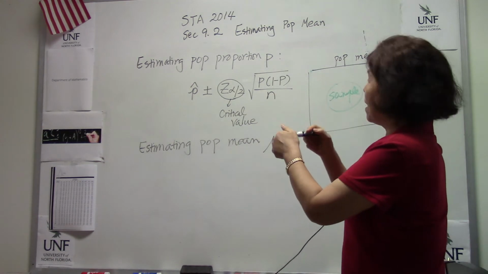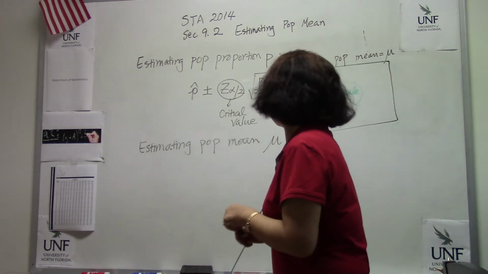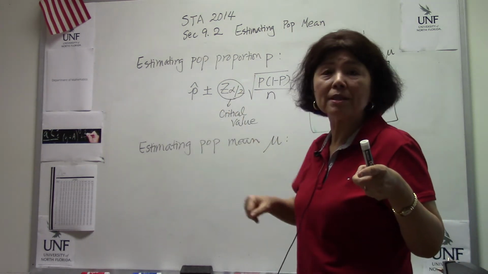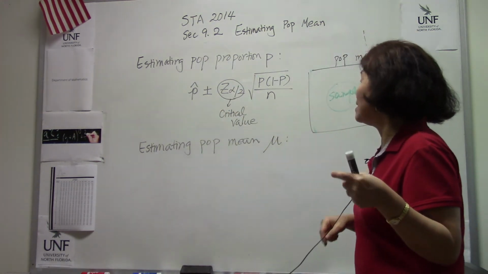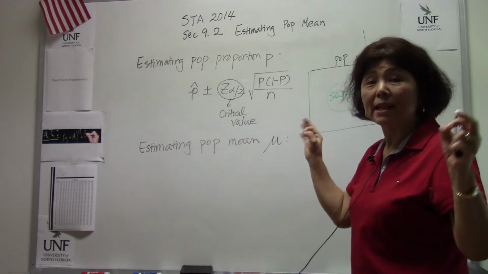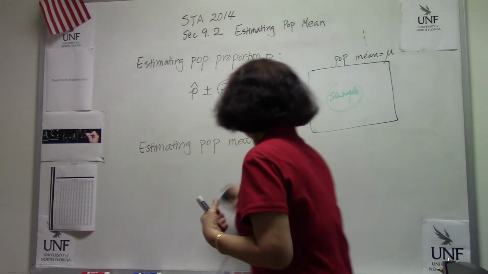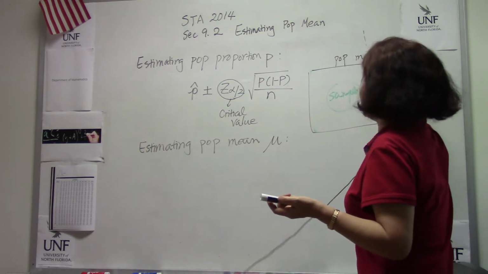So how are we going to do that? Estimating means we cannot pinpoint that population mean, so we are going to make an interval. We call that a confidence interval. This is what we did the last time.